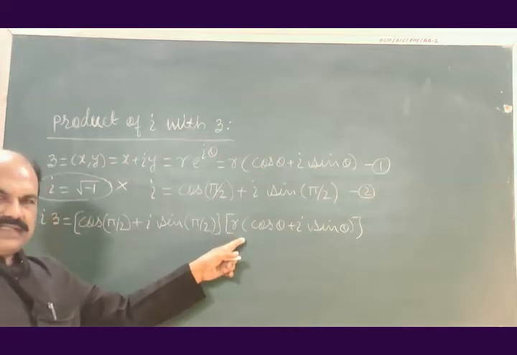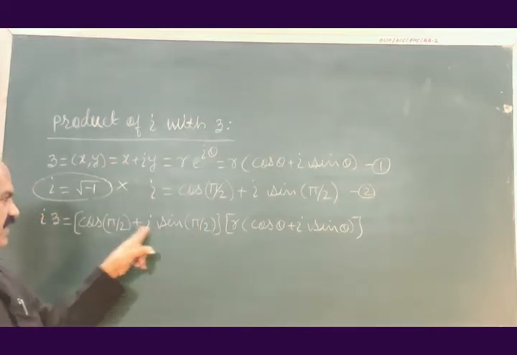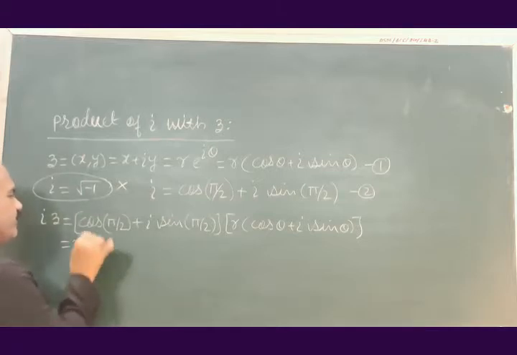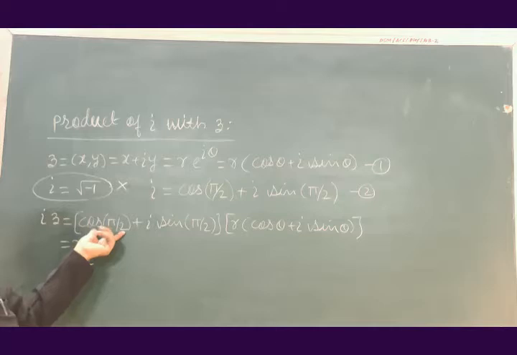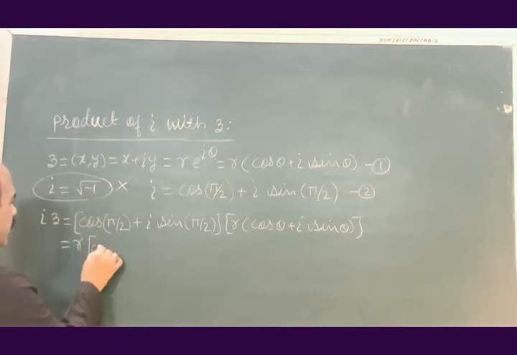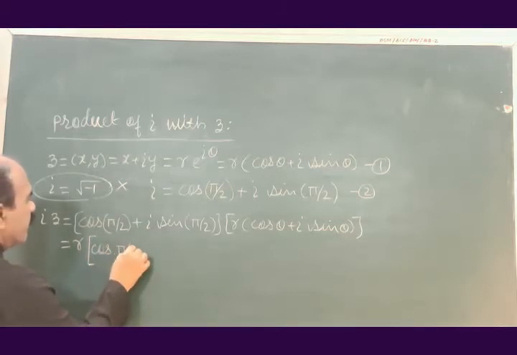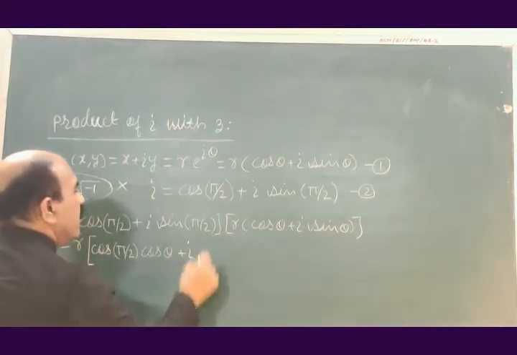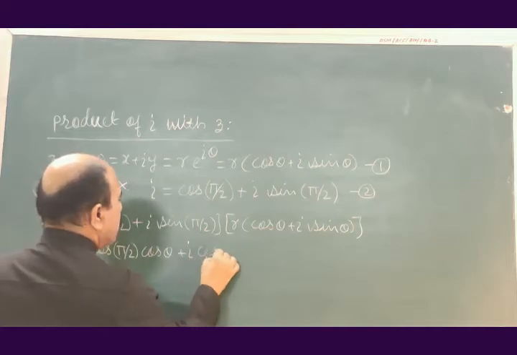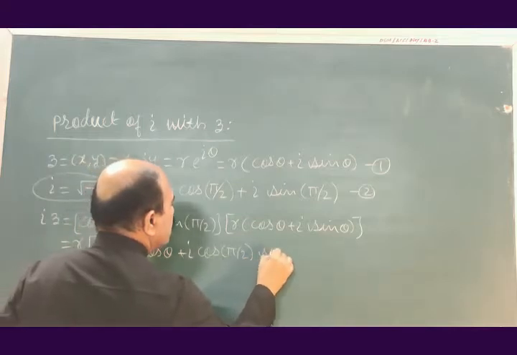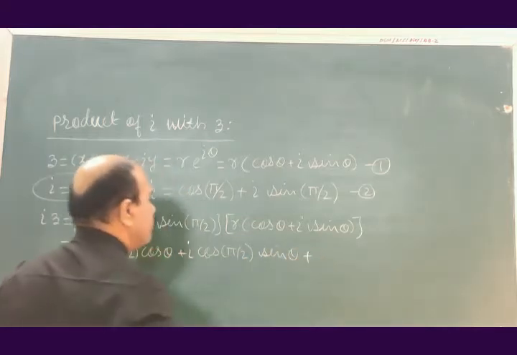This r is in multiplication with this bracket as well as with this bracket. It can be taken common. r is taken common. Now, let us have product of cos pi by 2 with this and with this. That is cos pi by 2 into cos theta plus i cos pi by 2 into sin theta plus.